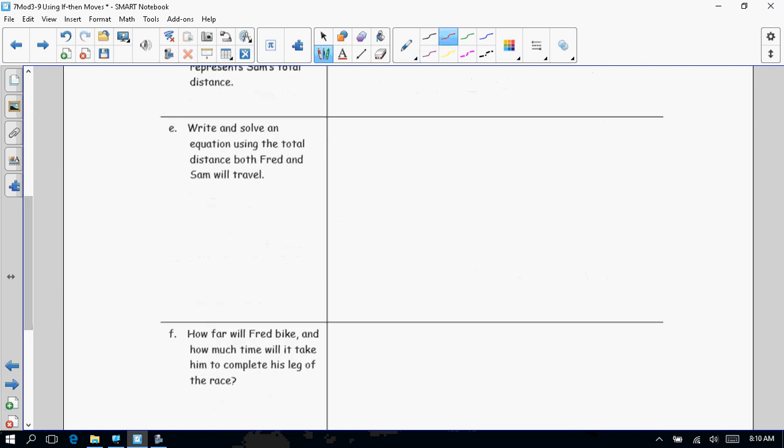Did you catch that? The total of both Fred and Sam will travel. Looking at what we have, I'm going to write down Fred plus Sam equals total. There's my game plan.